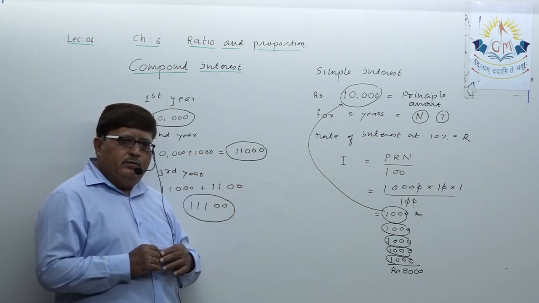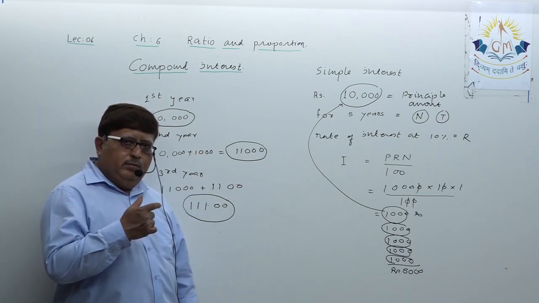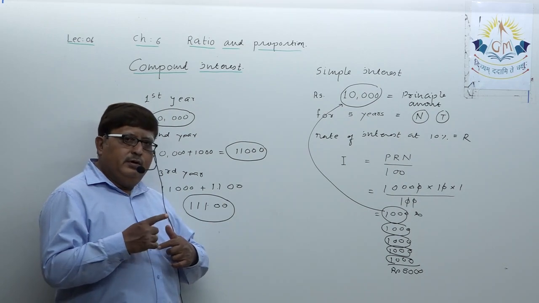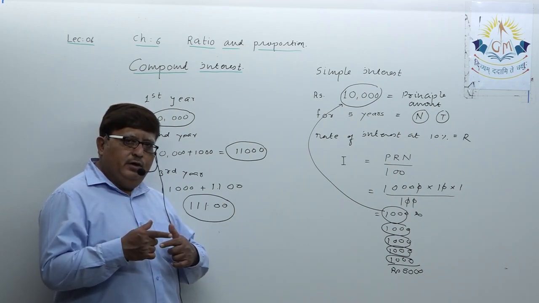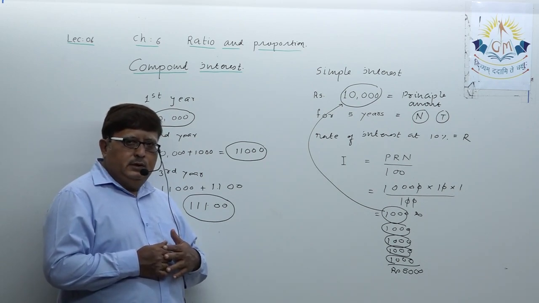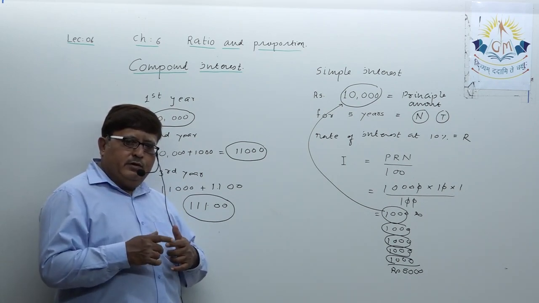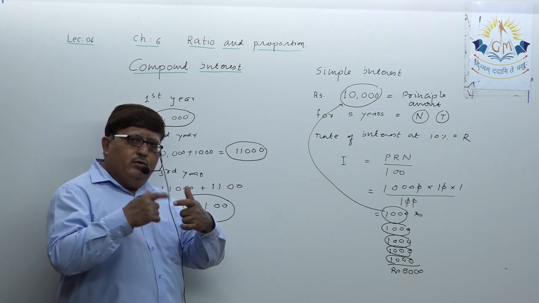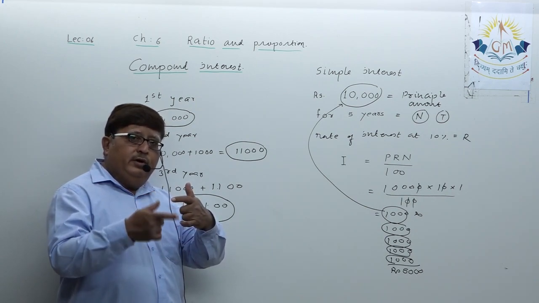In compound interest, principal increases every year. So interest counted also goes on accumulating.